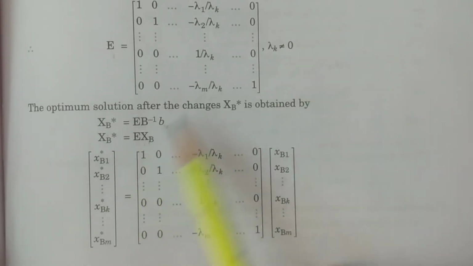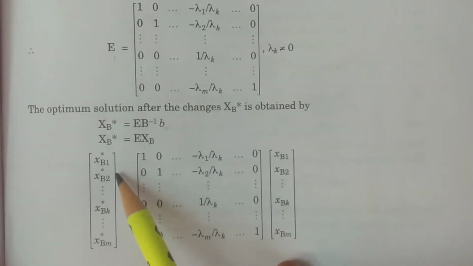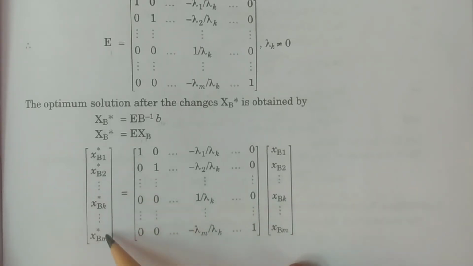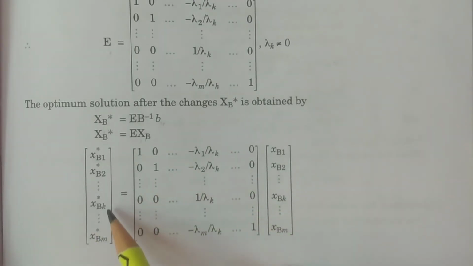And E is what I just explained. Let us consider xb star as xb1 star, xb2 star, and so on, xbk star, xbm star. Our intention is to calculate xbk star.